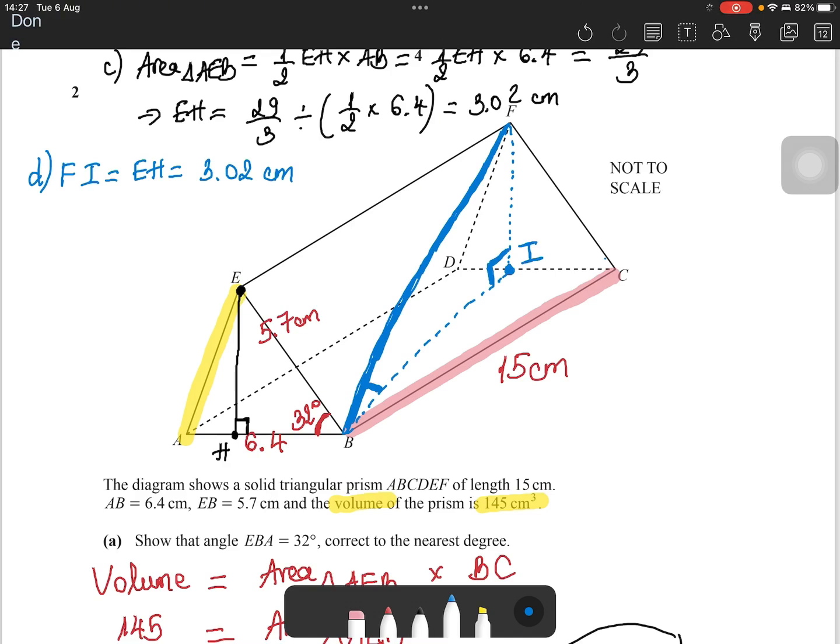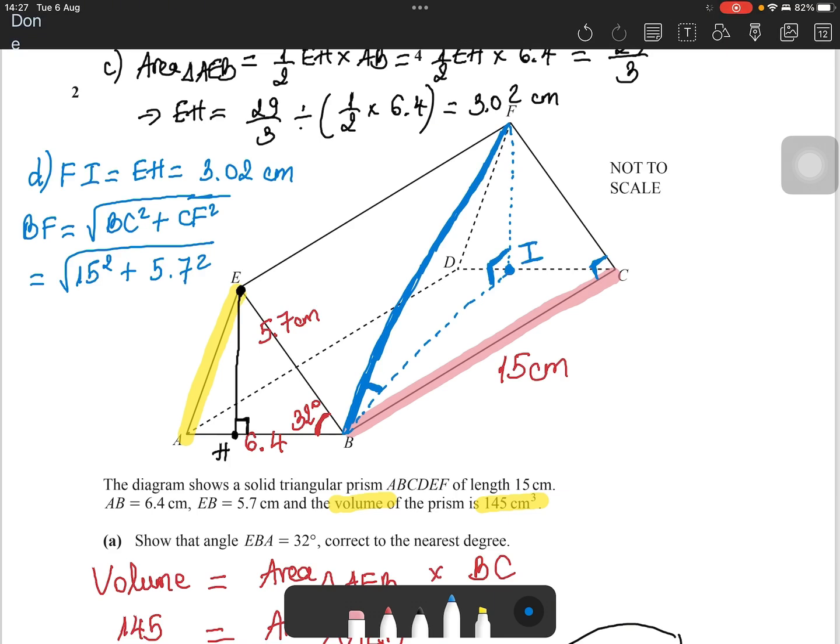BFC is a right angle triangle too. In this triangle, BF is the hypotenuse, so it is the square root of BC squared plus CF squared. BC is 15 and CF is the same as EB. EB is 5.7.